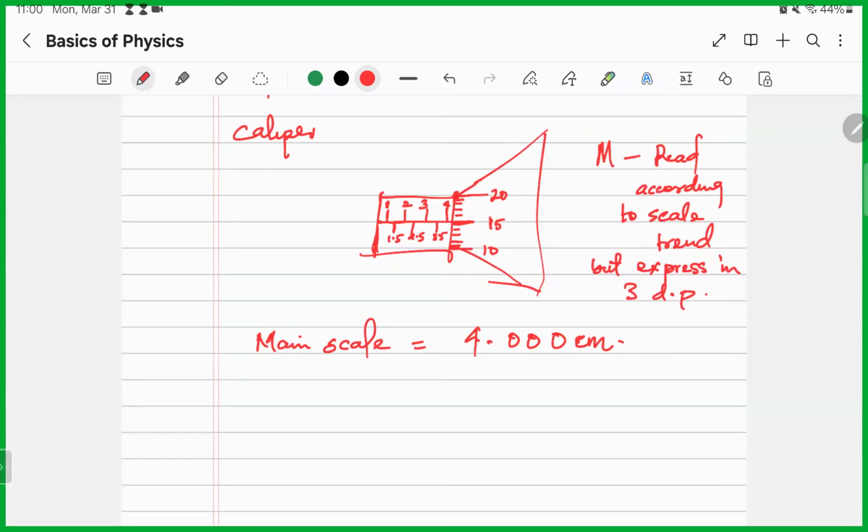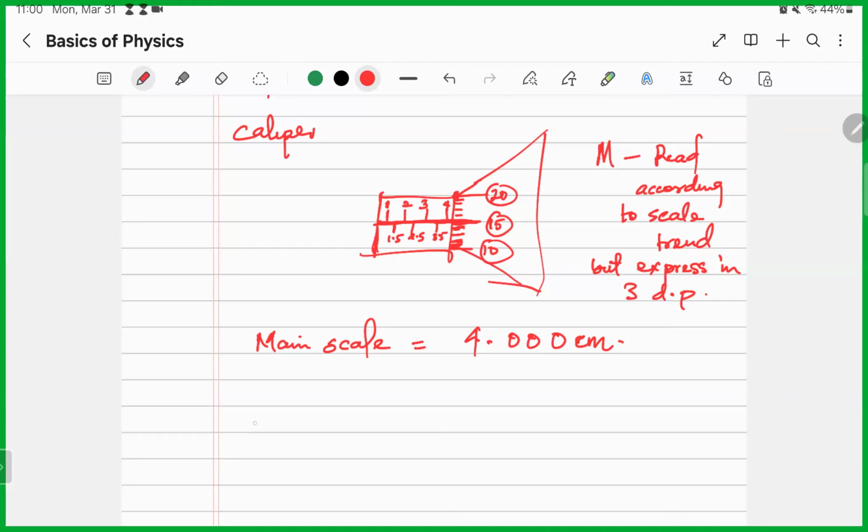We are physicists, so we have a lot to cover. Now the vernier scale, I want to read that according to scale. This looks like 10, then 15, then 20. It means 10, then the next one should be 11, 12, 13, 14, then we have 15, 16, and it goes on. But what matters to us is the point that corresponds with the line of the main scale, and that appears to be 15.